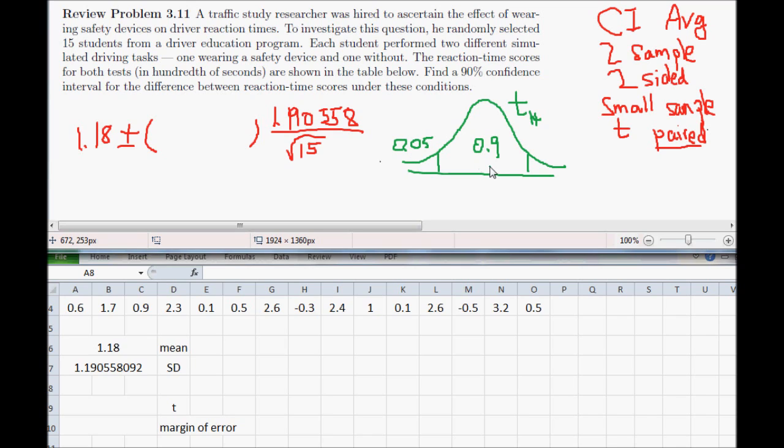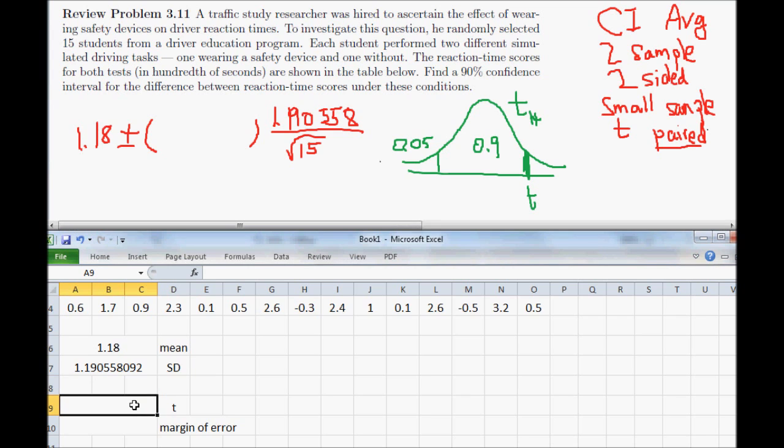So an aggregate of 0.95 lies to the left of this mark. And so the value of t that I have here will be equal to t.inv of 0.95 with 14 degrees of freedom. On a calculator, that'd be invT with the TI-84 and up. This is 1.7613.